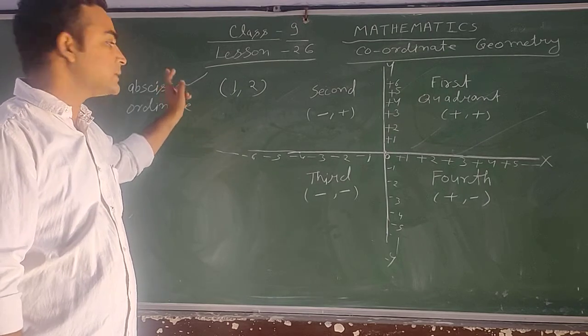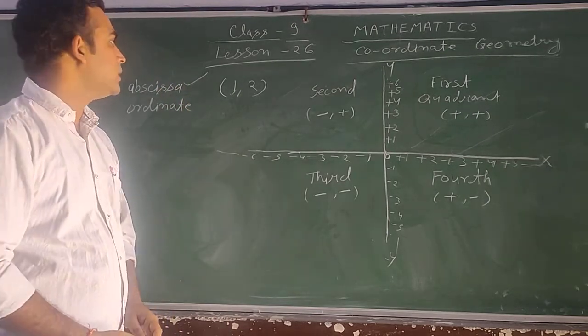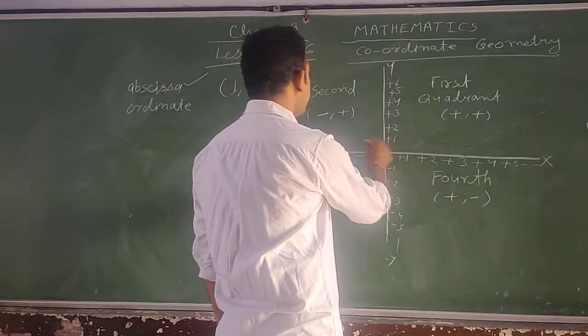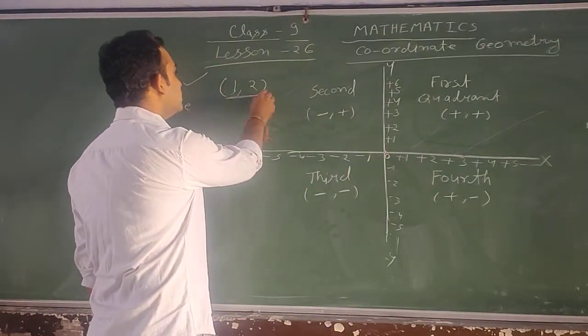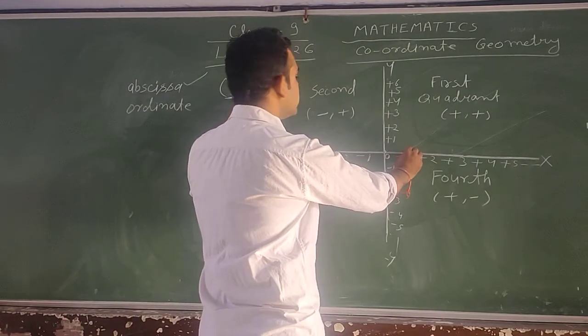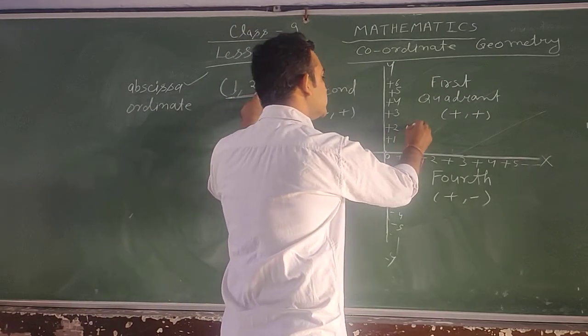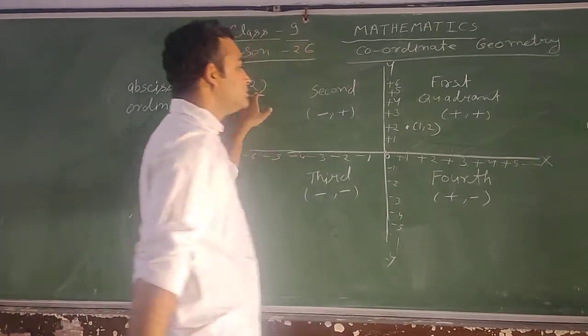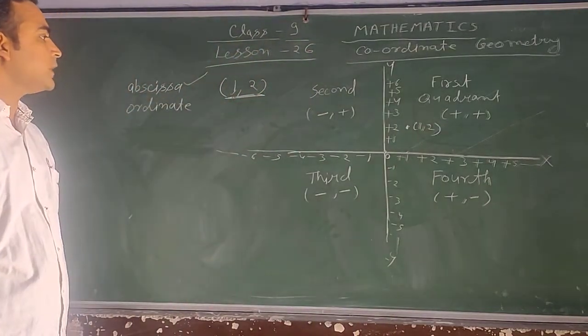First number abscissa, second number ordinate. So suppose we have to plot 1, 2. The first number on the x-axis is 1 and the second number is 2, so this is 1 comma 2.